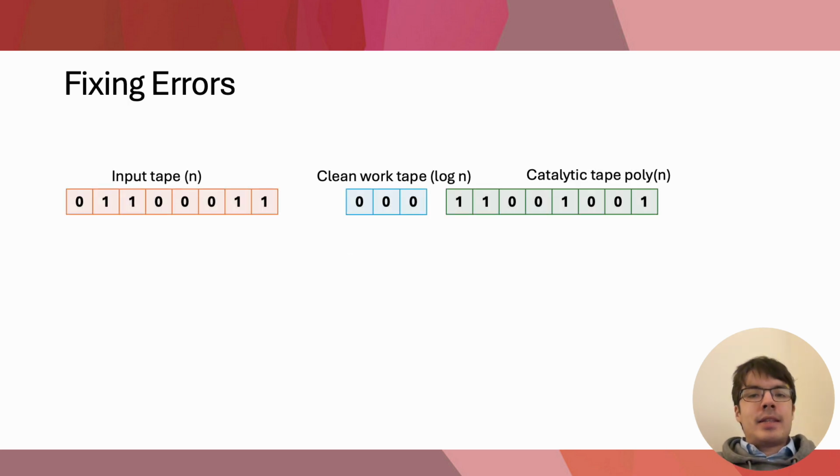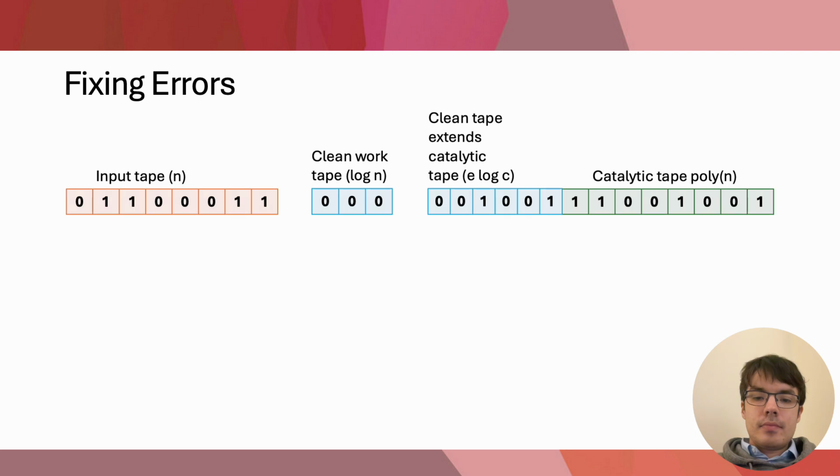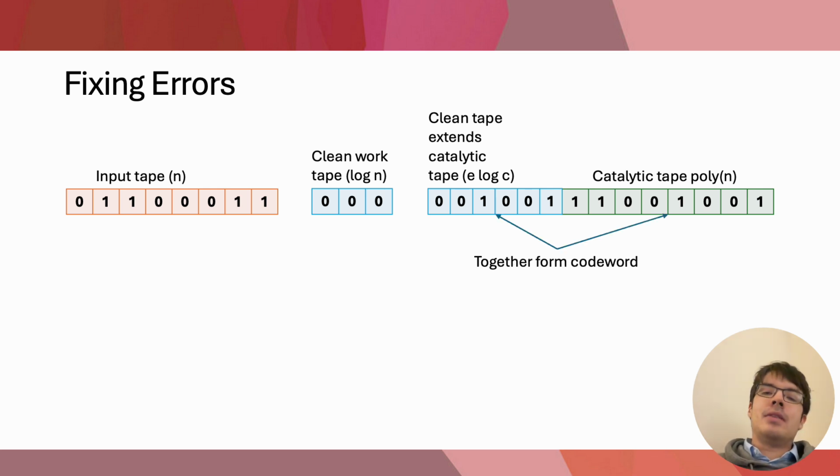So how do we correct errors using additional space? First, we have our standard catalytic Turing machine. And now we add the additional clean space to our machine. But we think of this clean space, these E log C extra bits, as being in fact parts of the catalytic tape. We do this because ideally we would like to use an error correcting code, but in order to correct a member of an error correcting code, we need to ensure that we start with a code word.